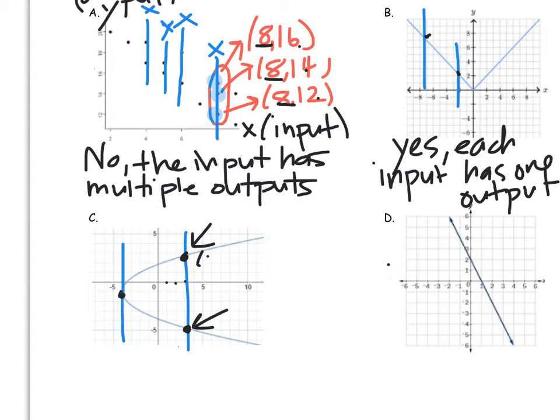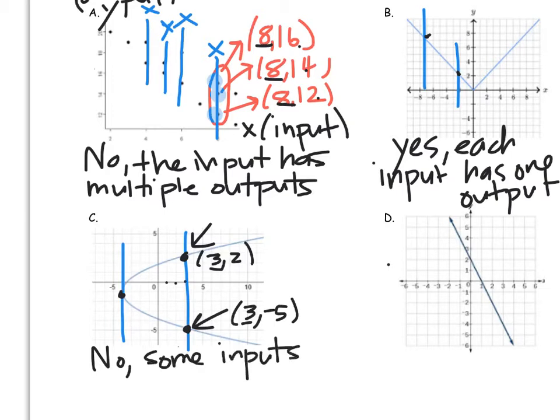This point up here might be like 3, looks like about 3, 2, and this point is 3, negative 5. The input 3 has multiple outputs, so I'm going to say no. I'm just going to say here, some inputs have multiple outputs.